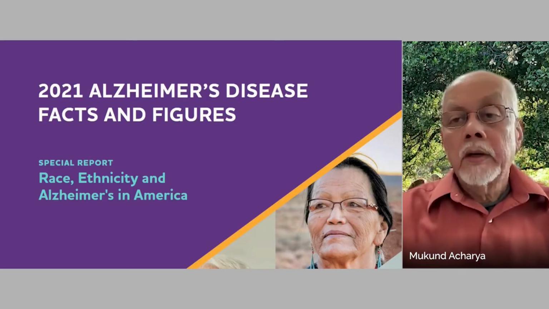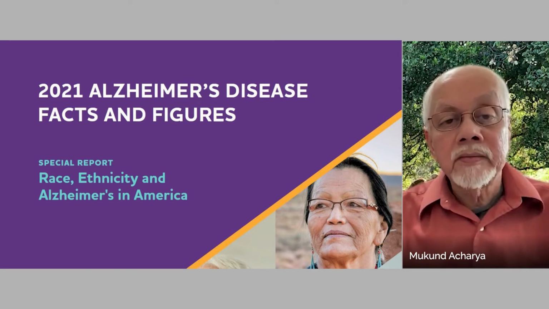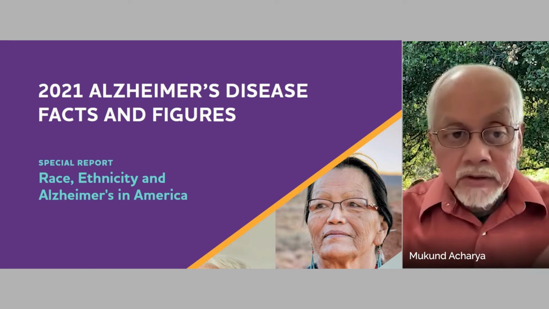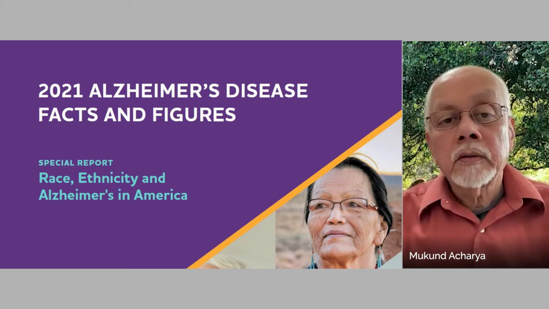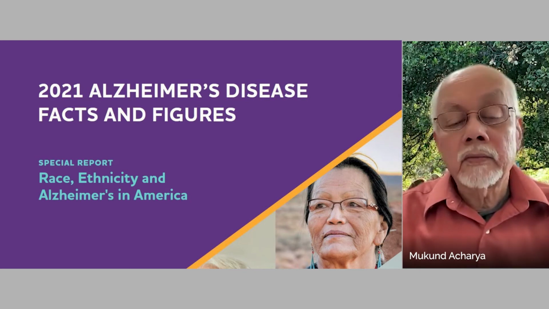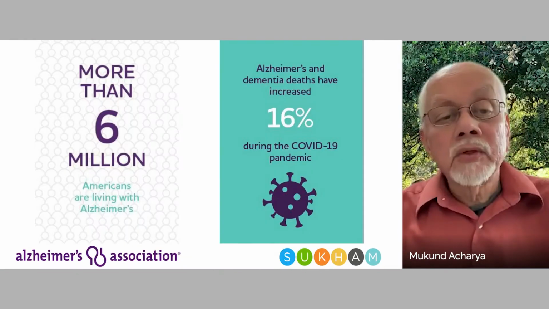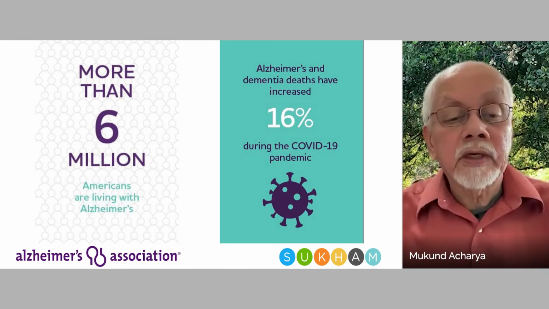Okay. I'm going to give you quickly some data that Alzheimer's Association just released about 3 or 4 months ago in a special report that I can give you a link to if you're interested later on. As I mentioned, more than 6 million people are currently living with Alzheimer's in the US today.